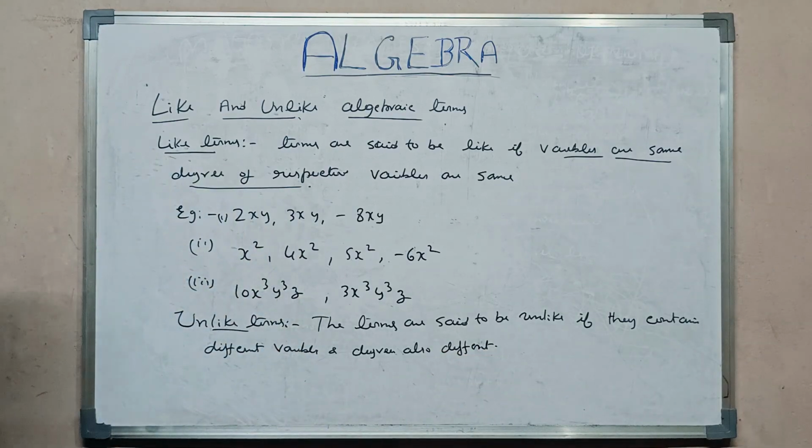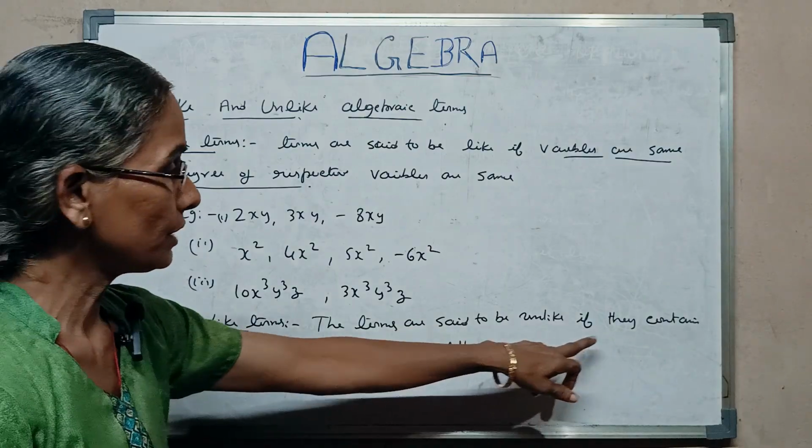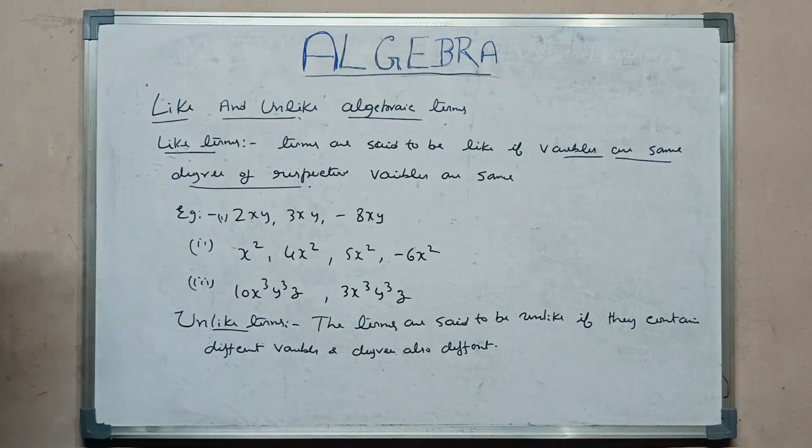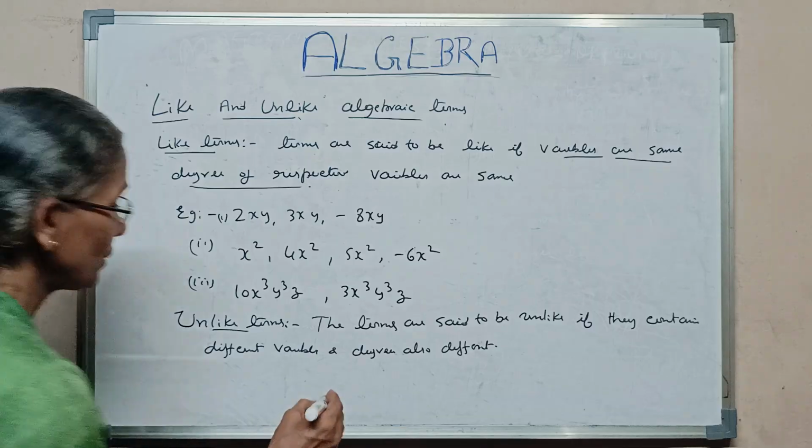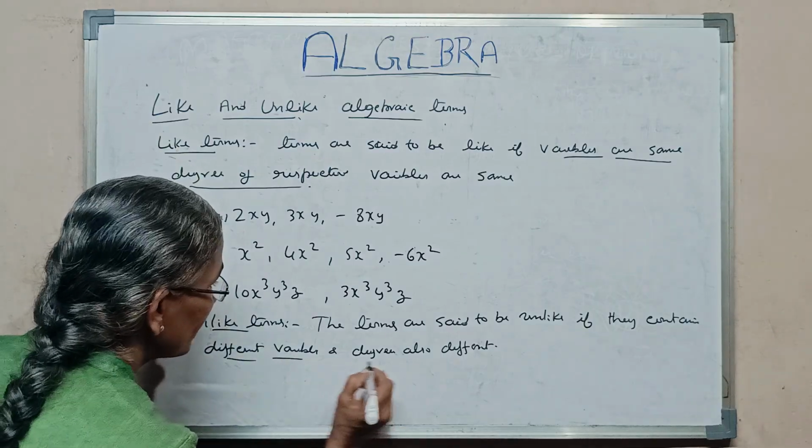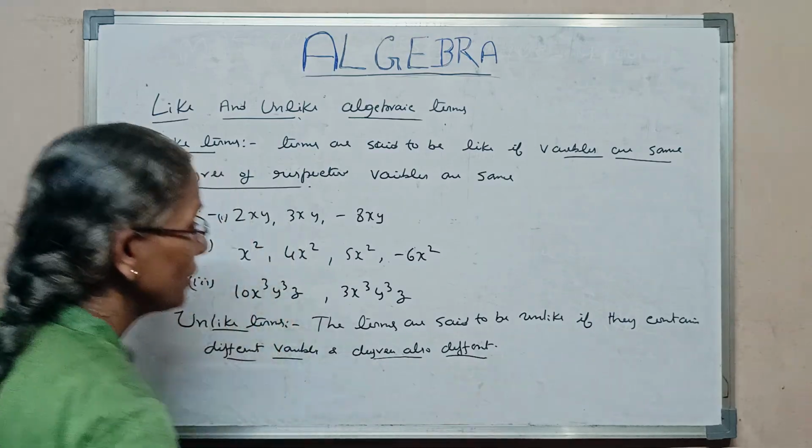So unlike terms means the terms are said to be unlike if they contain different variables and the degrees are also different.